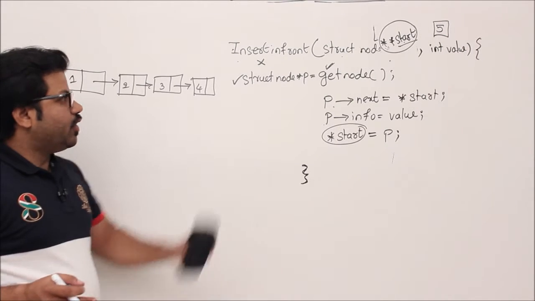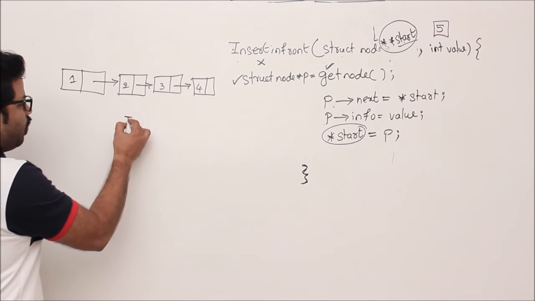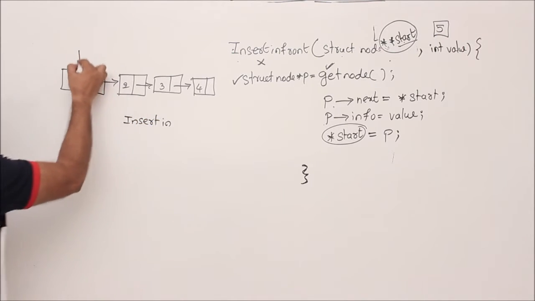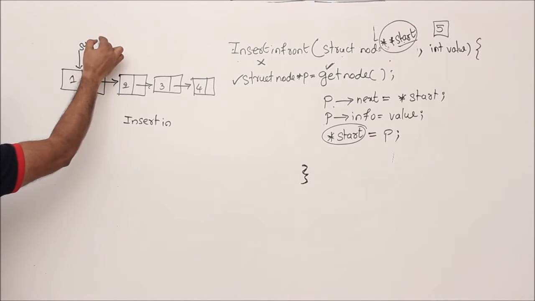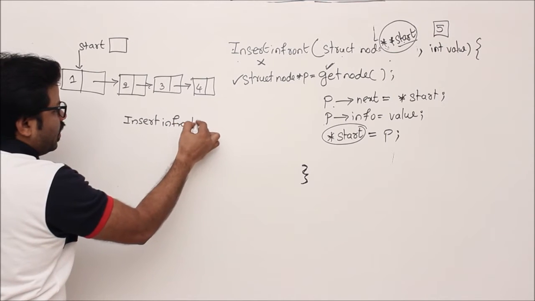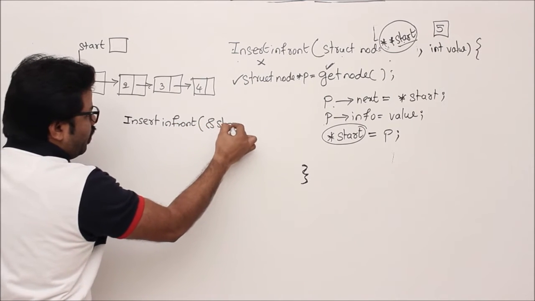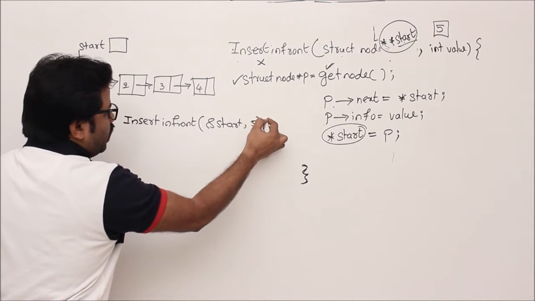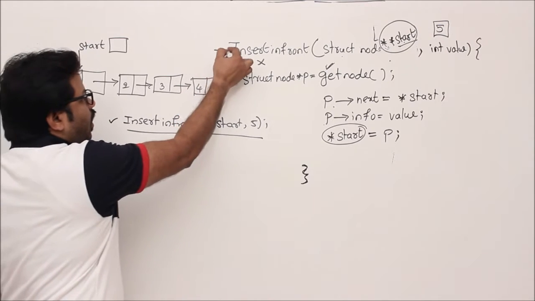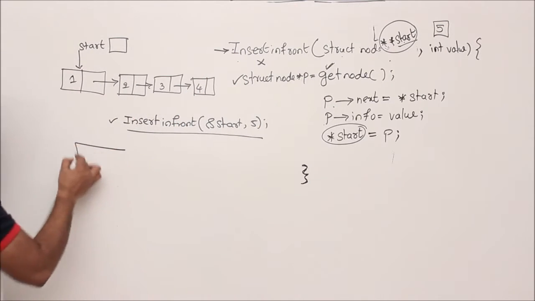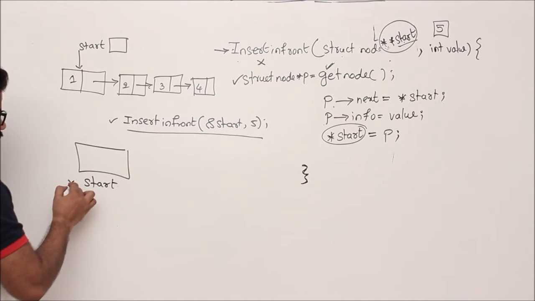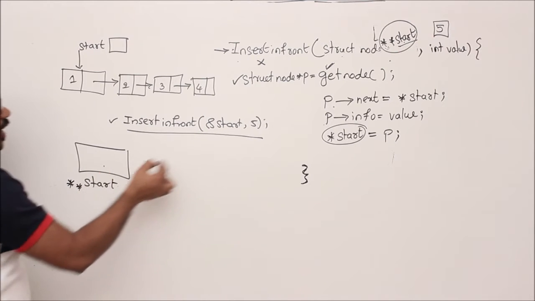So let's start executing. Probably people will call this method like this: insert in front. This is the start pointer which we were talking about. They send address of start comma 5, let's say. Whether it works or not, we'll see. Control comes here, and there is a local variable called start. That start is a double pointer which is going to take the address of start.